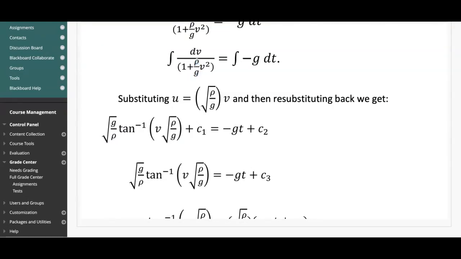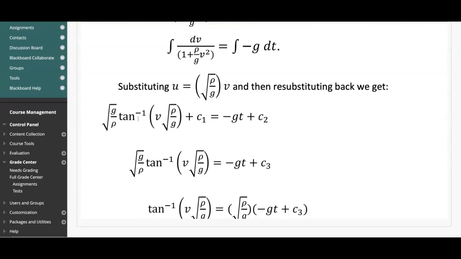We need to make this a square term. So this rho over g will be the square root of rho over g, squared. Then we get an arctangent of v times the square root of rho over g.